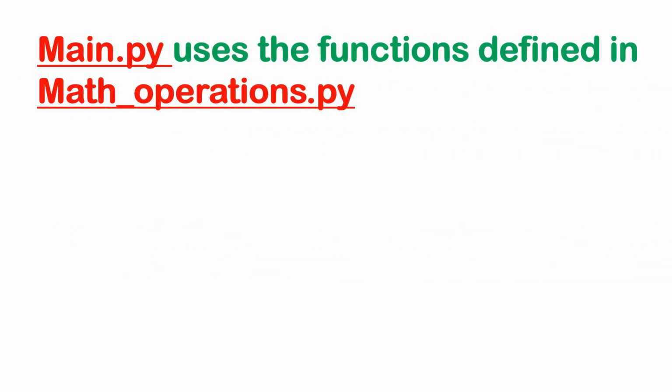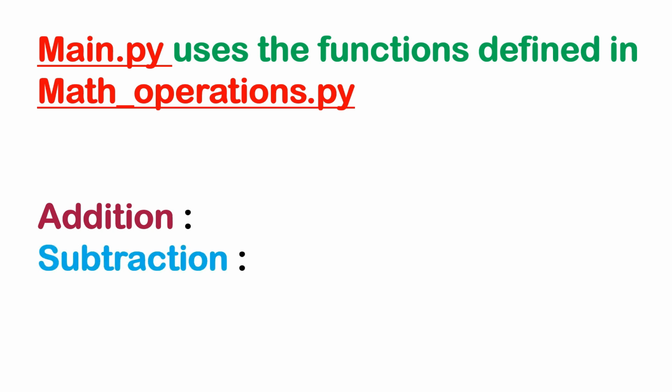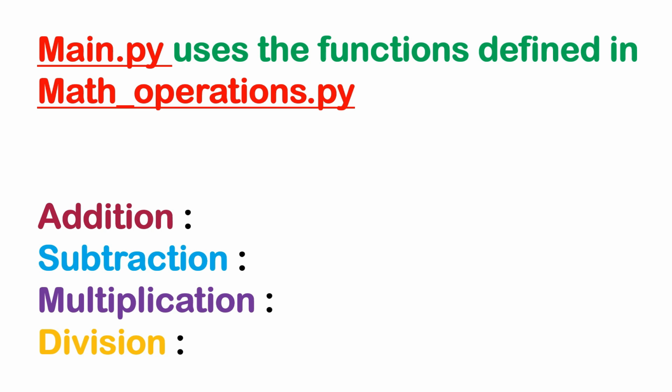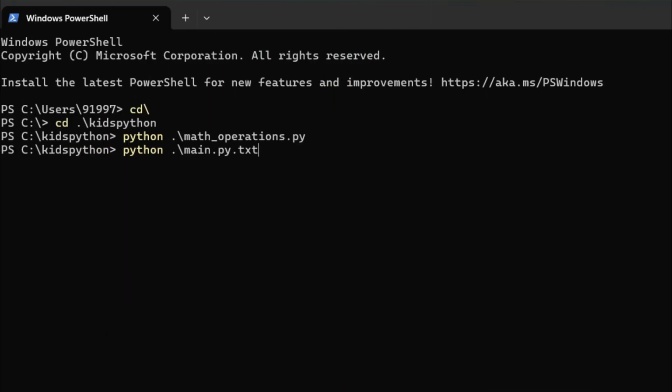Main.py then uses the functions defined in math_operations.py: addition, subtraction, multiplication and division. When you run main.py, it will execute and produce this output. This shows how you can create and use modules in Python to organize and reuse your code effectively.